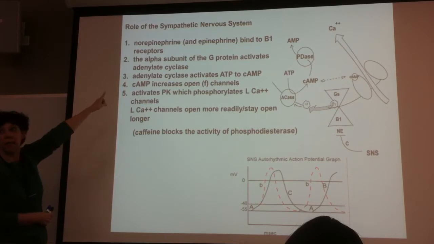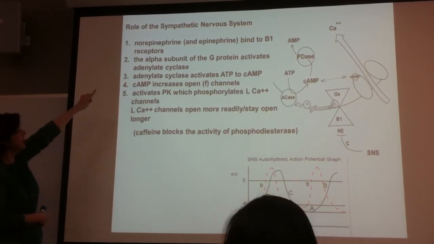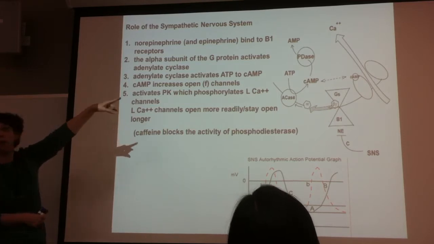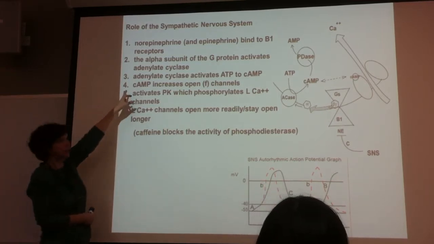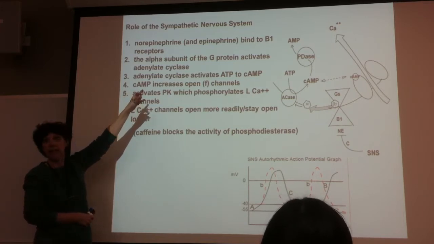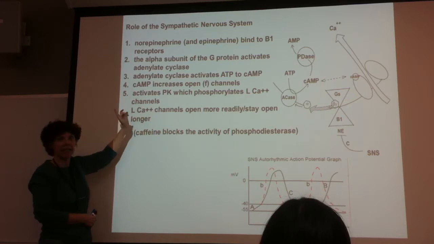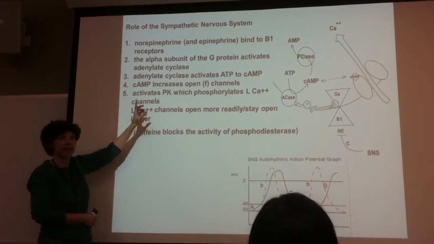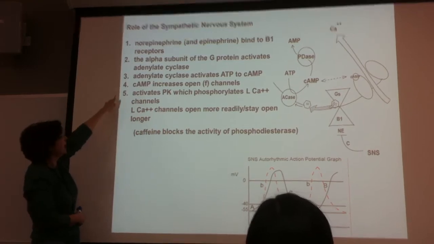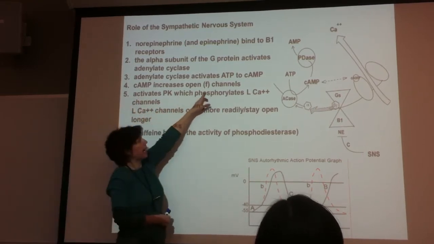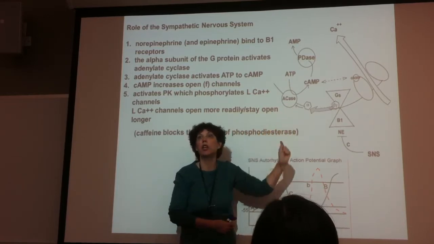Norepinephrine, which is our sympathetic neurotransmitter, will bind to receptors. It's a G protein pathway. And so what it does is G protein activates the enzyme adenylate cyclase. Adenylate cyclase converts ATP to cyclic AMP. Cyclic AMP binds to those funny current channels and makes them open earlier.